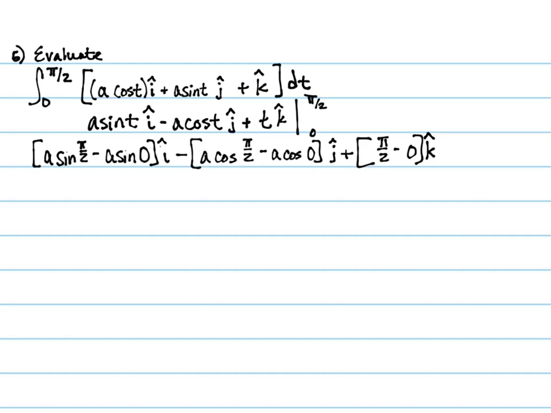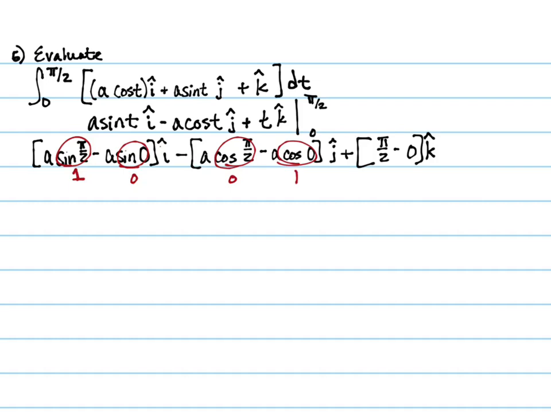All right, so what is the sine of pi halves? Do y'all remember? 0. Nope, 1. That one's 1. What's the sine of 0? That one's 0. How about the cosine of pi halves? That one's 0. And the cosine of 0? 1.